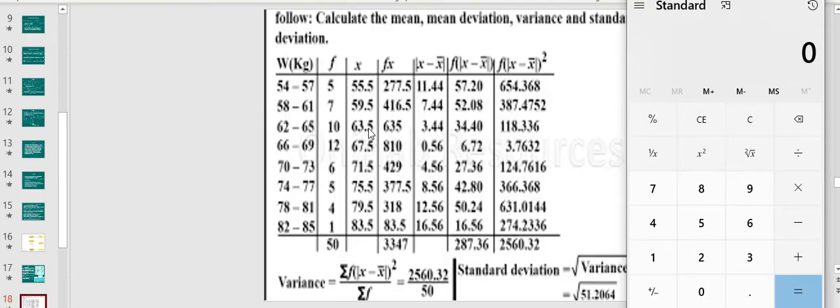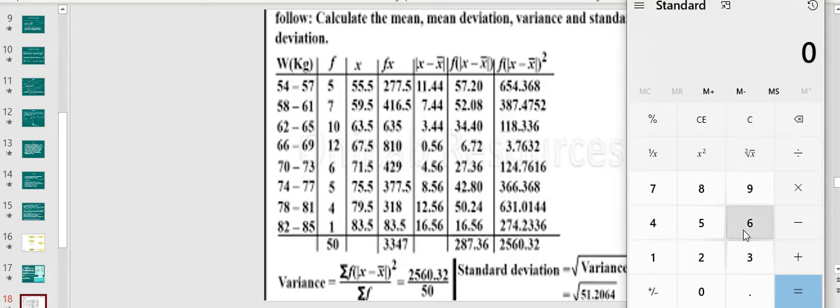Then 63.5 minus 66.94, which is equal to 3.44. We will again ignore the minus sign.